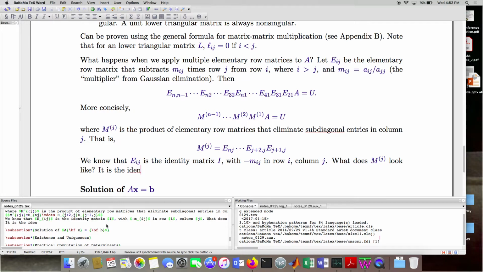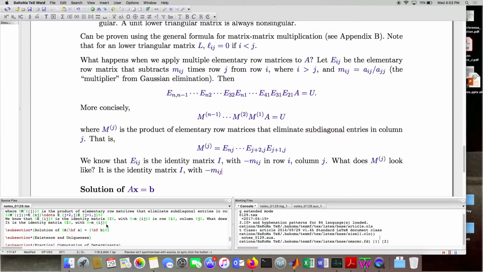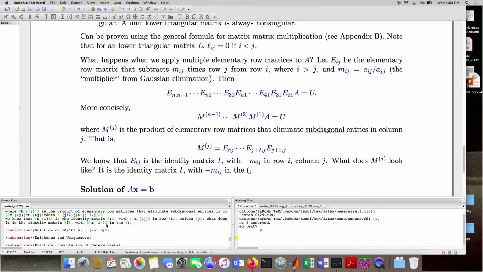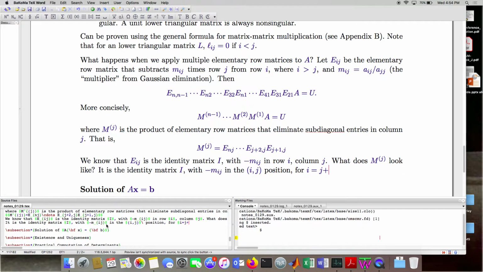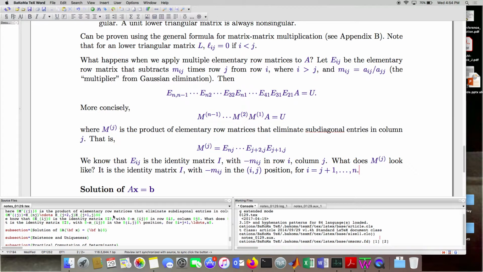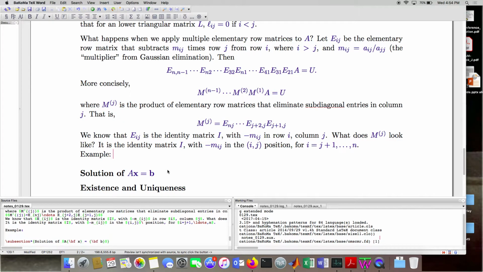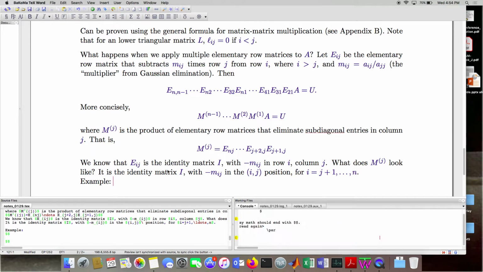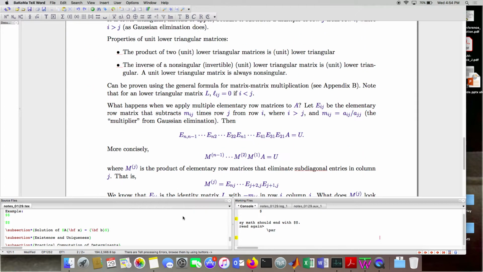It is the identity matrix again with minus mij in the ij position for i equals j plus 1 up to n. So as an example, whoops, I copied the wrong matrix. I want this one.